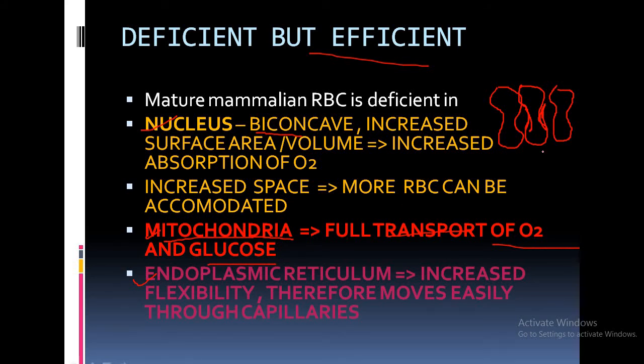So it would not reach the destination parts of the body, and full transportation of oxygen and glucose would not occur. So this increases the efficiency of RBC. Due to the lack of mitochondria, full transport of oxygen and glucose occurs through the RBC, and full oxygen and glucose reach the destination organs.